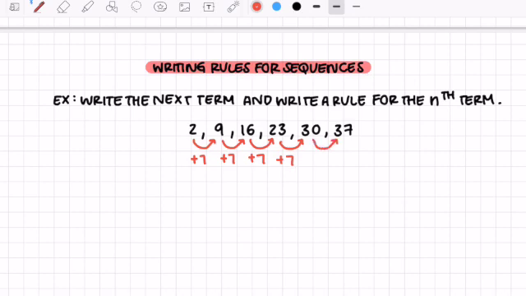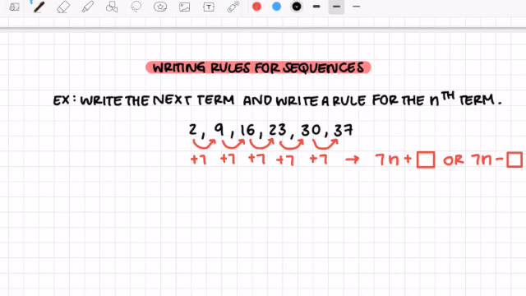So if that's the case, then I want to use the following rule, where I'm going to be multiplying 7 with n, and either adding a number or subtracting a number. So 7n minus some number. I don't know yet. I just need to check it out first.